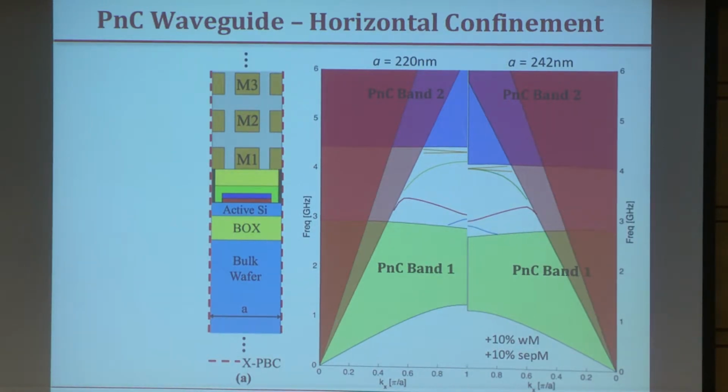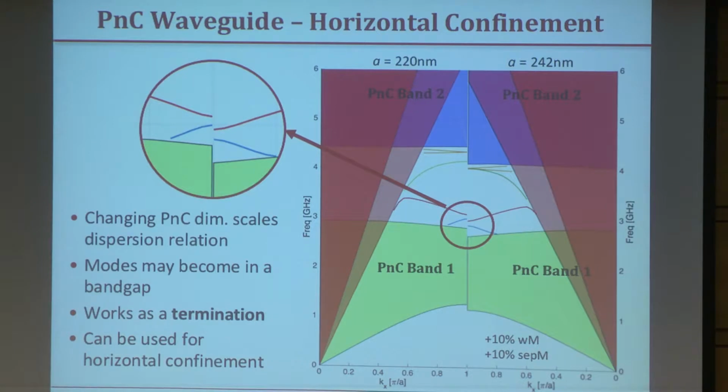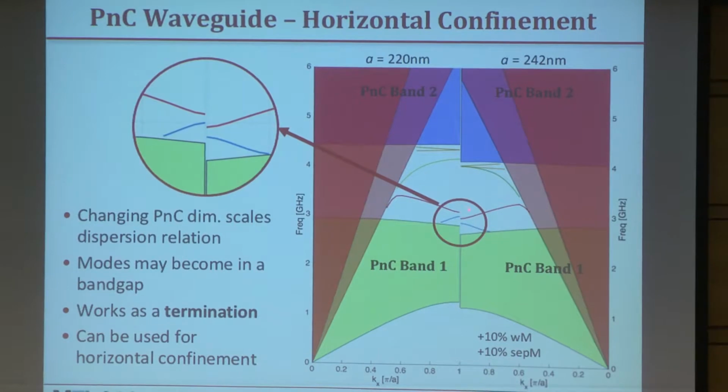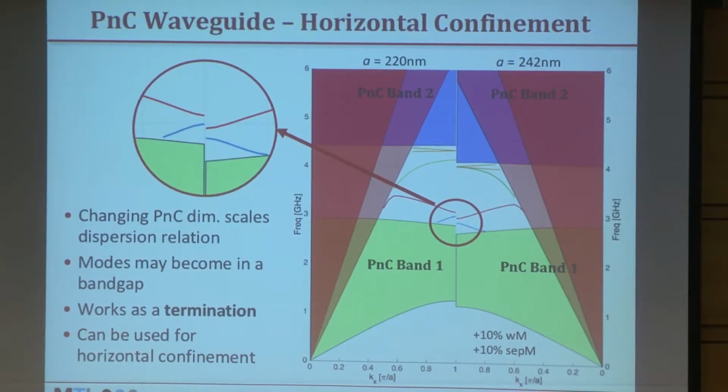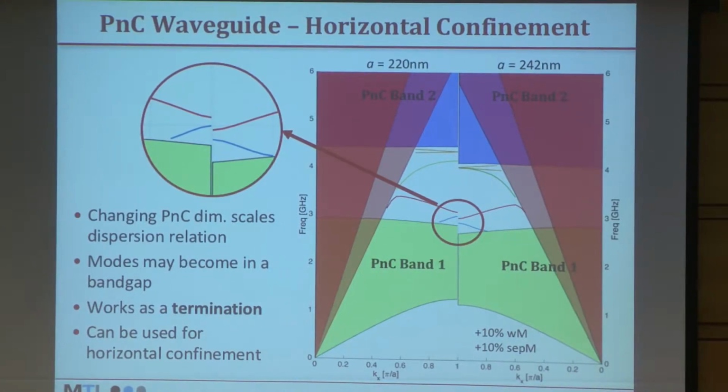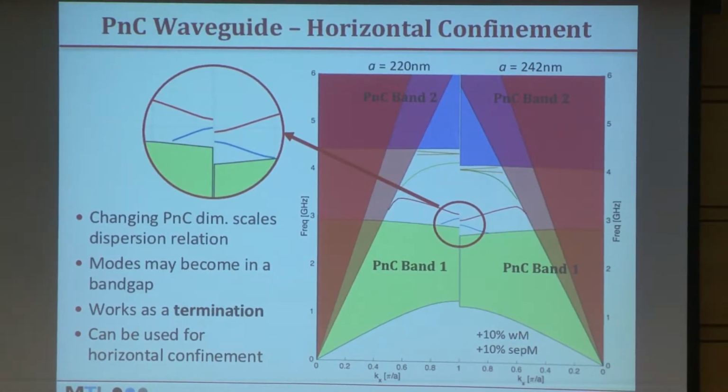And so when I look at these two waveguides, I find that the modes in this waveguide with the original dimensions are basically looking into a band gap in this waveguide with a bigger dimension, which means they cannot penetrate this waveguide. Instead, they will all get reflected.